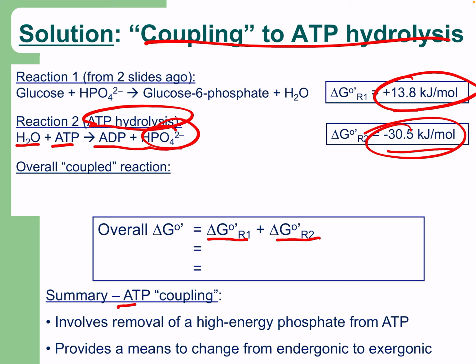So in summary, ATP coupling. This would be our 13.8 plus our negative 30. Let me just punch that in. Sorry about that.